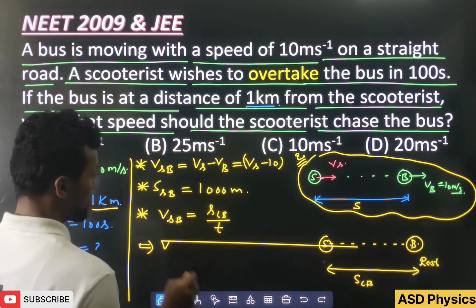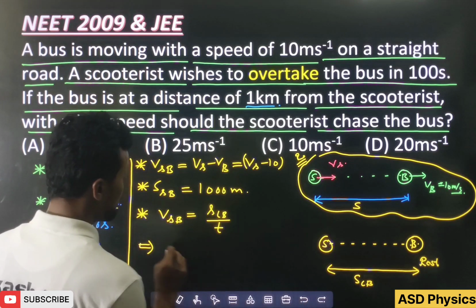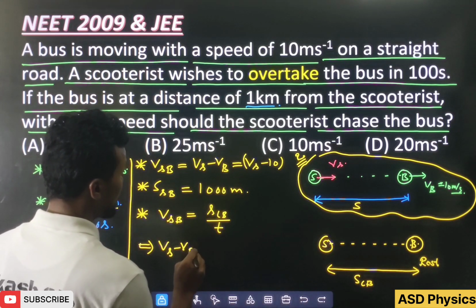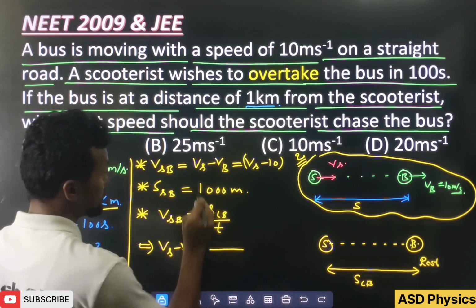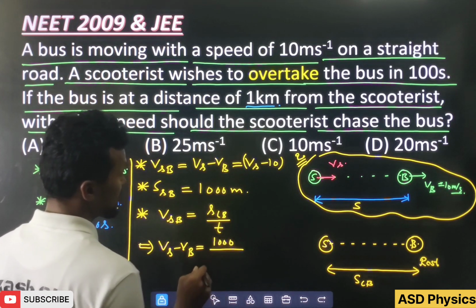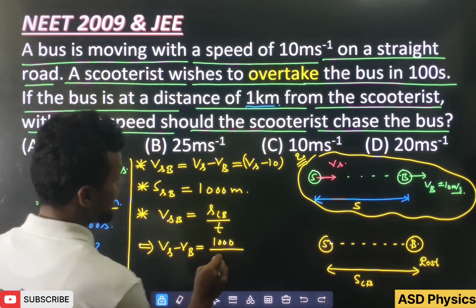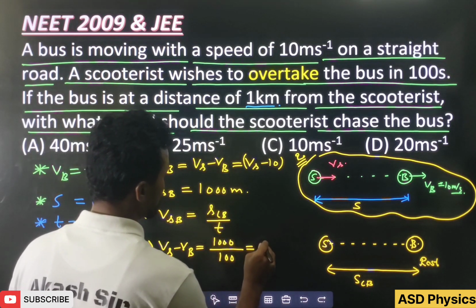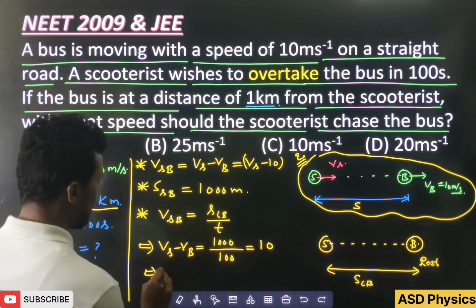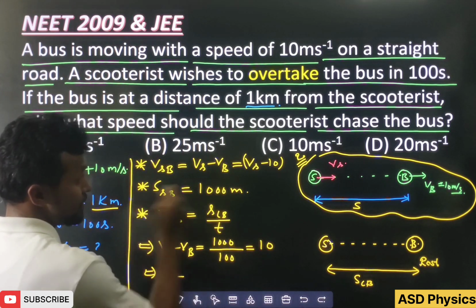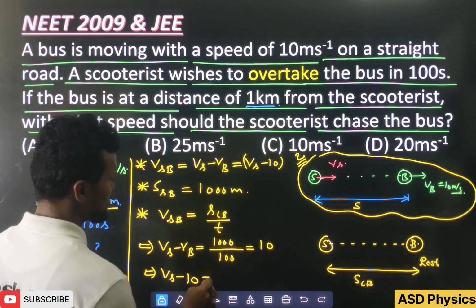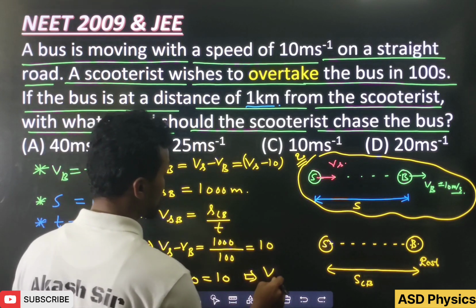Now I can write Vs minus Vb is equal to S_CB, which is 1000, and time given is 100. So the zeros cancel, and it is 10. Vs minus Vb is 10, so Vs minus 10 equals 10.